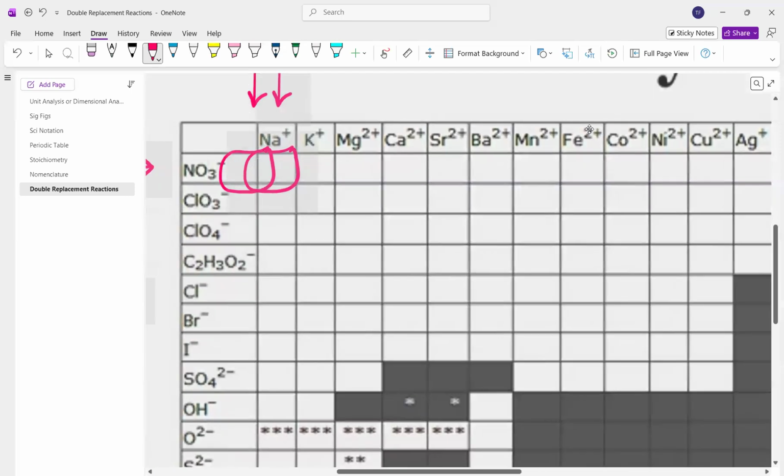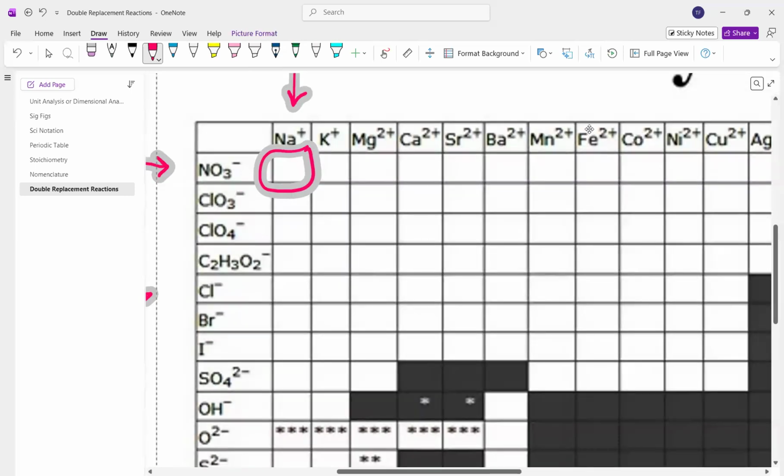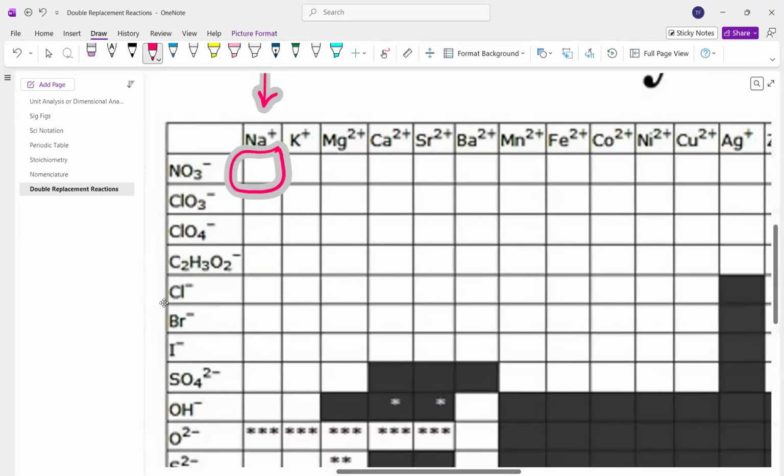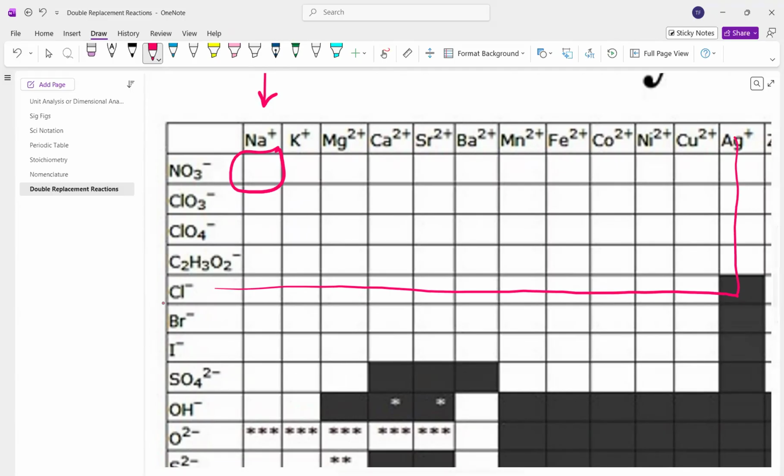Where the chloride comes across, and where the silver comes down, this intersection is black. That means something's going to happen. Usually a precipitate or a solid forms.